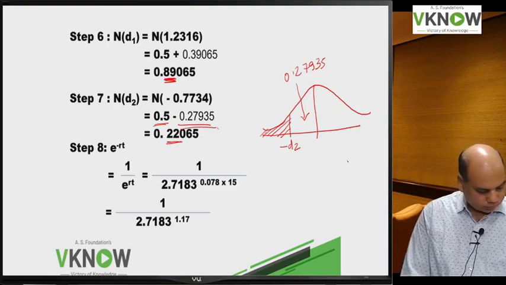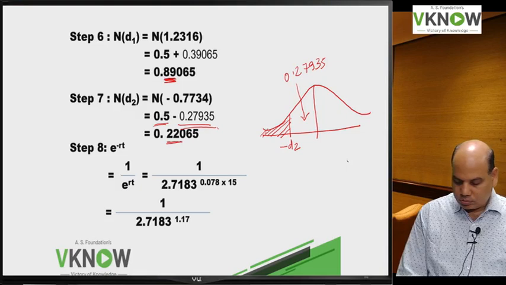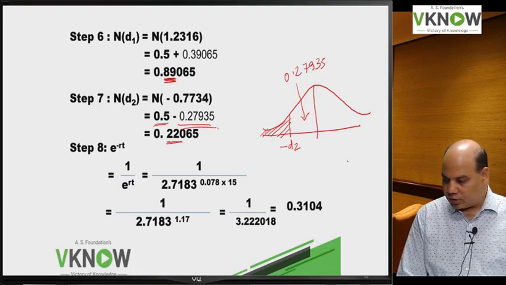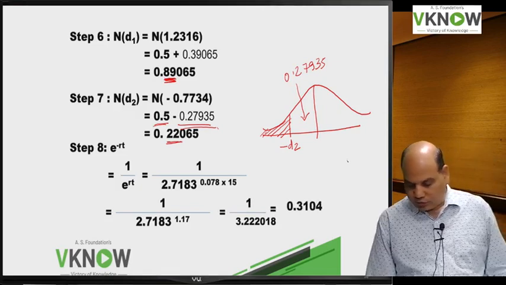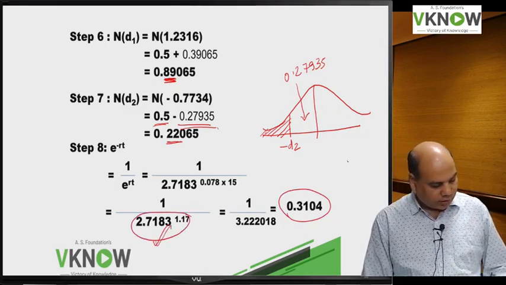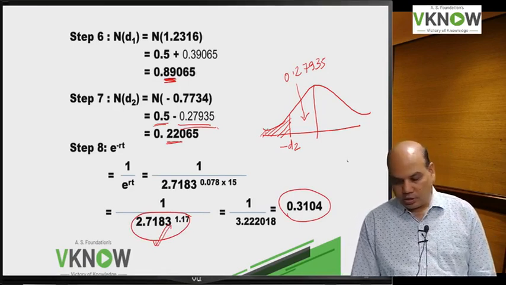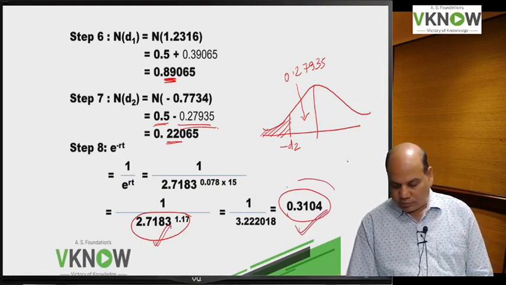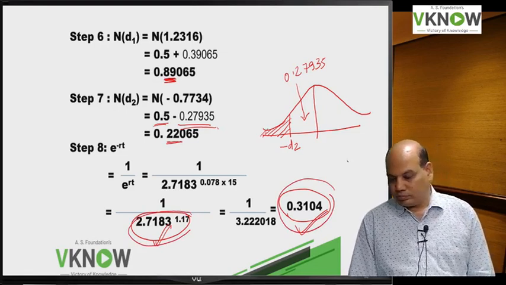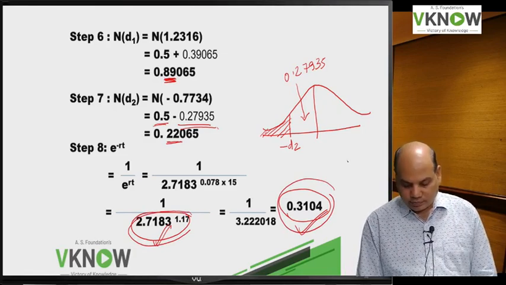Solve. Check the answer. If you see the institute answer, this factor is given in the problem. 0.3104 is given in the question also, which is e to the power negative 1.17. It means the present value factor is directly given.